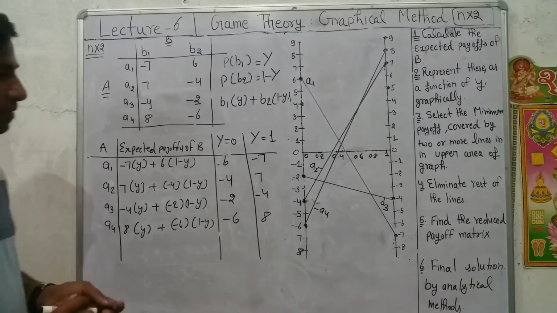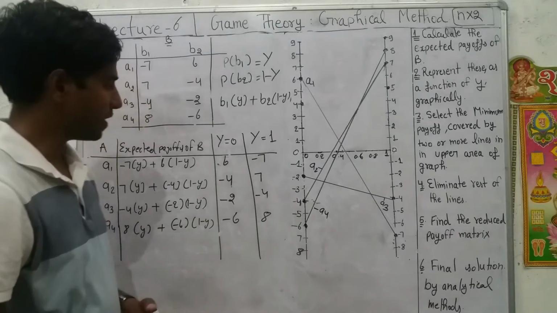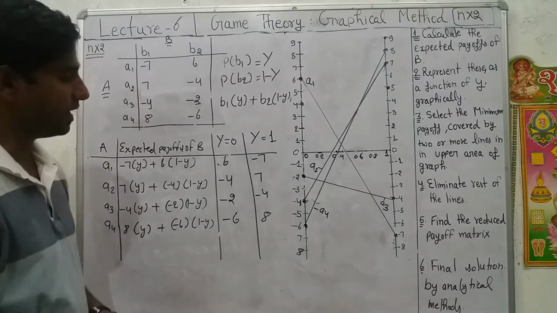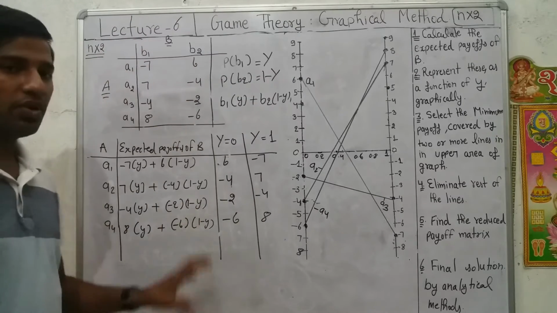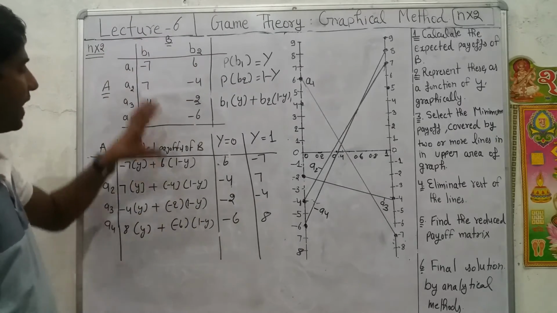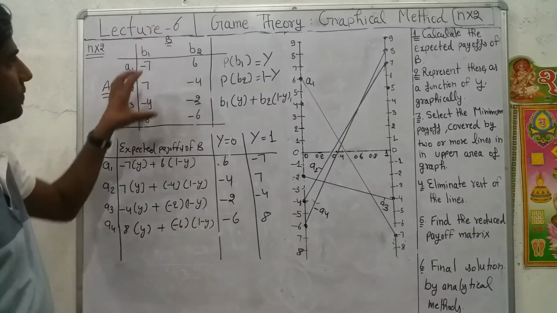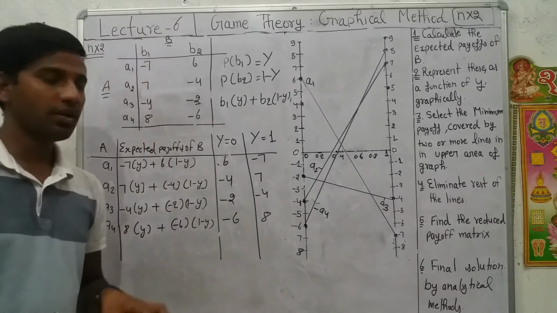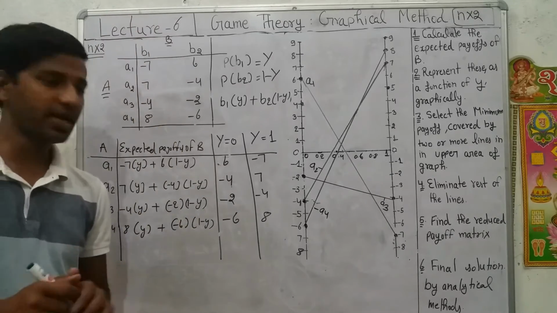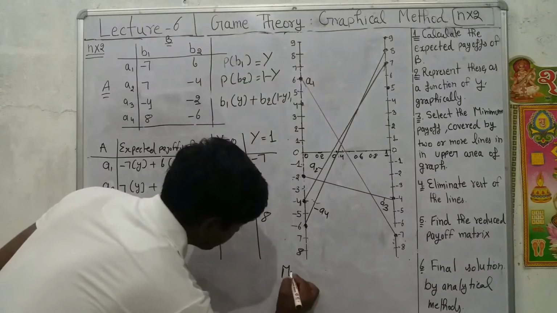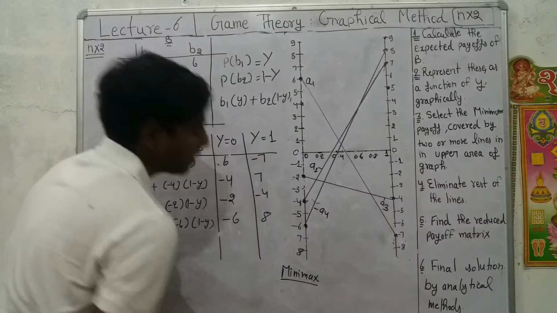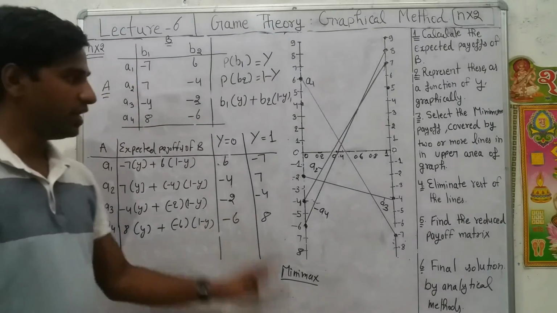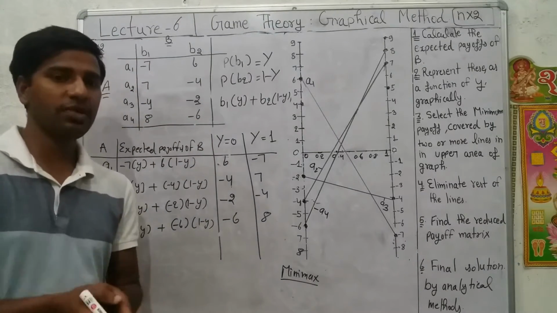Okay, now we come to the most important part of this illustration. As we are calculating the expected payoffs of company B, and in this game the basic principle of company B is of minimax type. It means the company is going to select the minimum value out of the maximum payoffs.